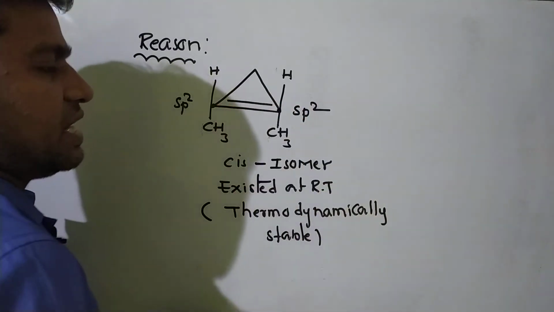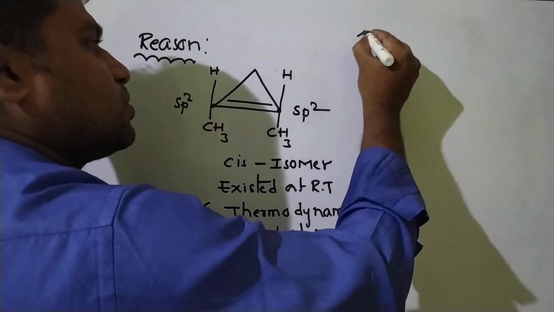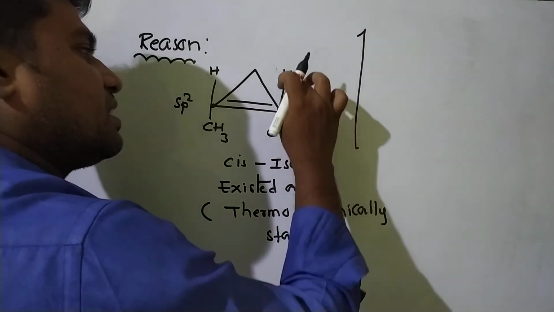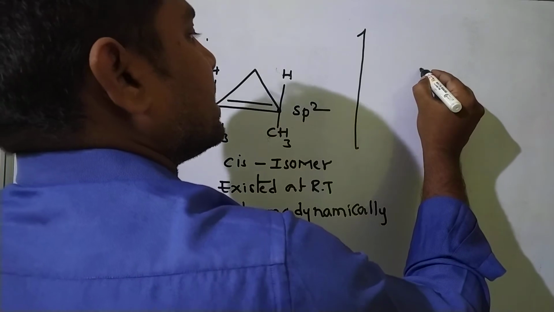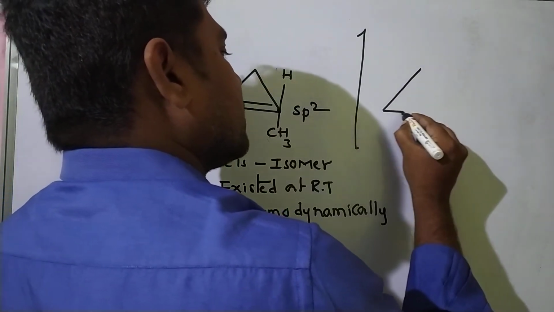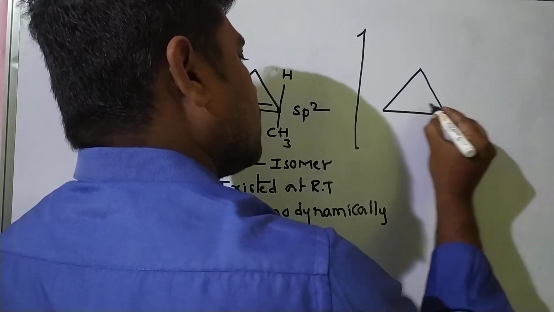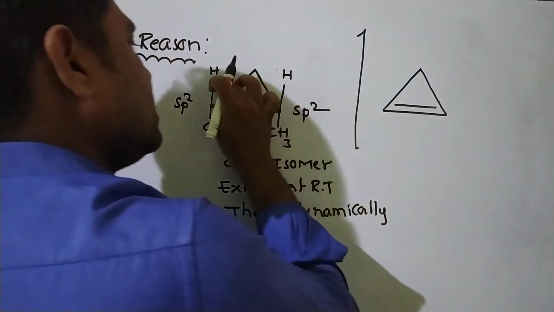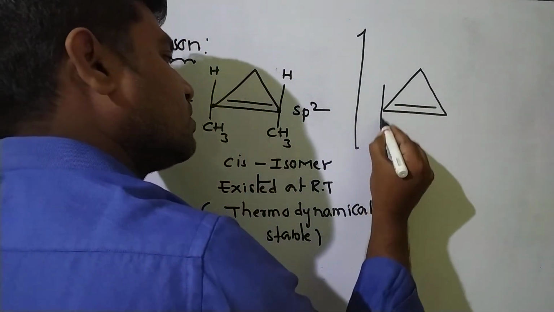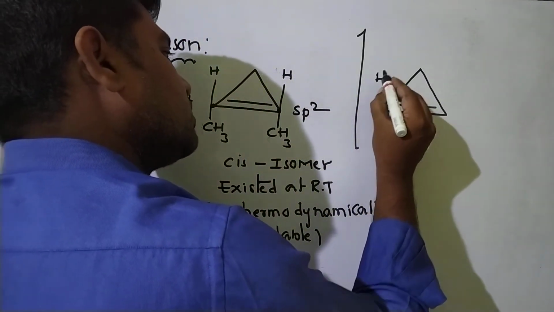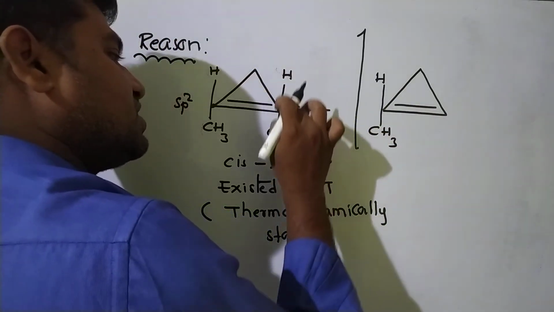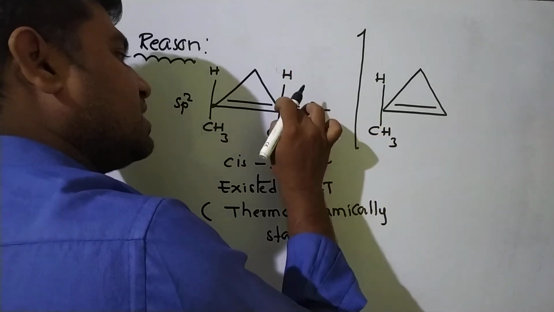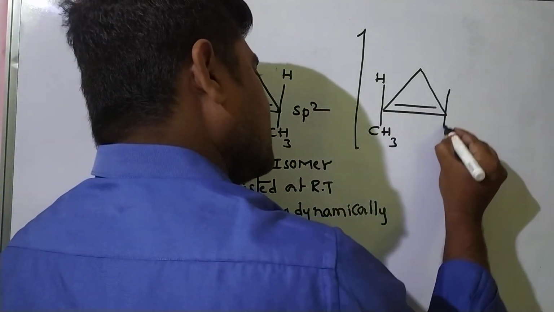So it exists. Suppose we alter these two groups at this sp2 carbon atom, now we will get another isomer. These two groups remain unchanged. Now I just twist these two groups at this sp2 carbon, meaning exchanging.